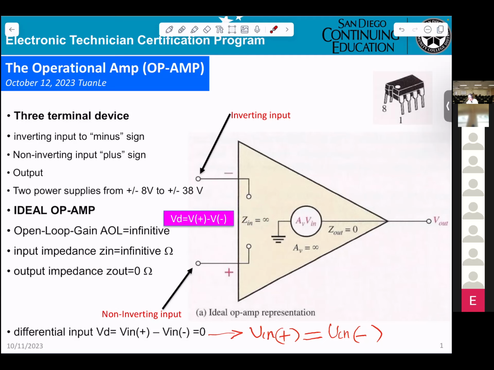Output impedance is the resistance right here. If you want more current coming in or going out, then the output impedance should be 0.